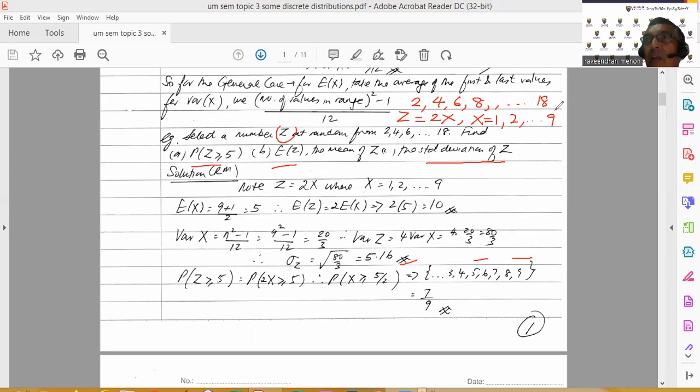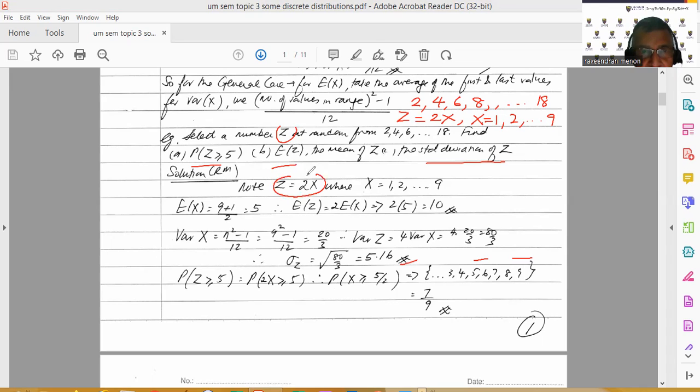Does it make sense? Z can take values 2, 4, 6, 8, 10, 12, whatever, up to 18. So let's define X: X can take values 1, 2, 3, 4, 5, 6, 7, 8, 9. So Z must be 2x. There you go.